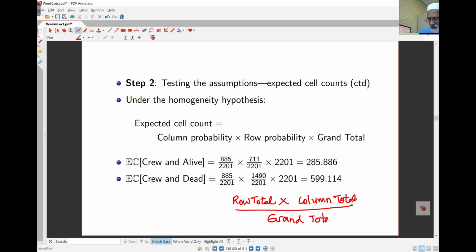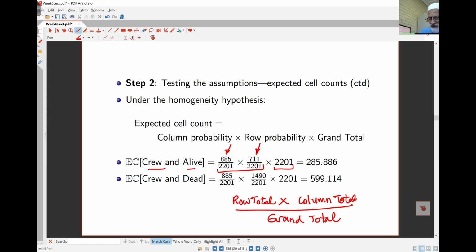So we saw earlier what independence means. Independence here of being a crew and alive is going to be the probability of being a crew times the probability of being alive. The grand total is 2201. If the probability of being a crew and alive is this probability, then the number we expect is this times the total number altogether.